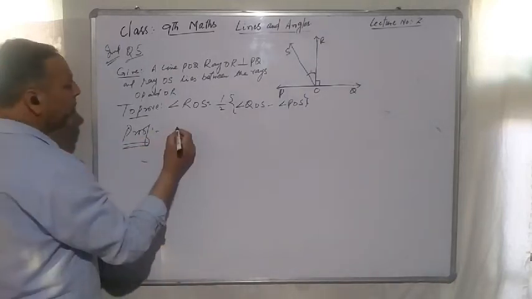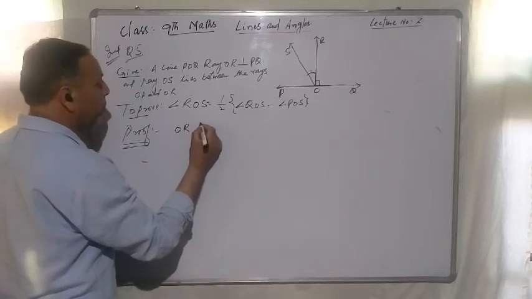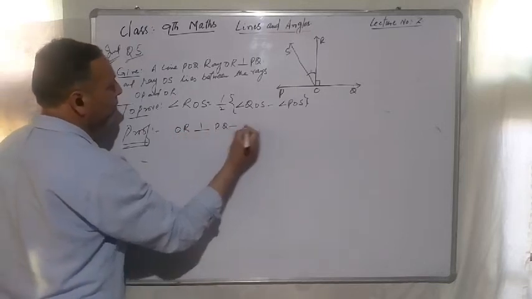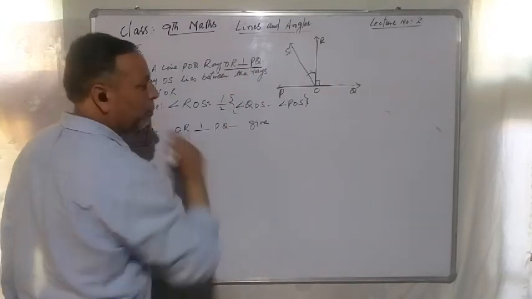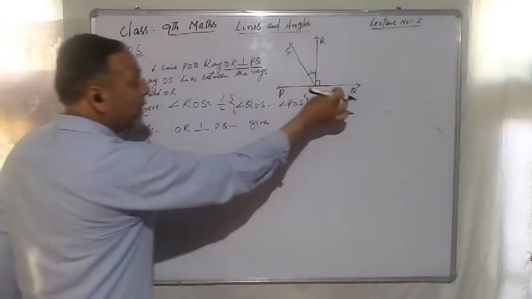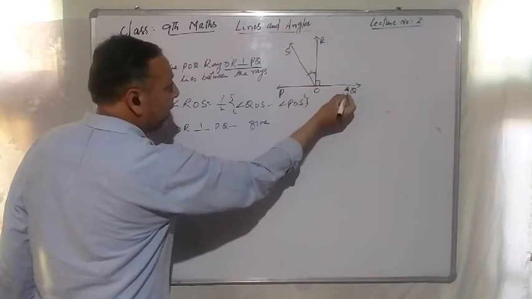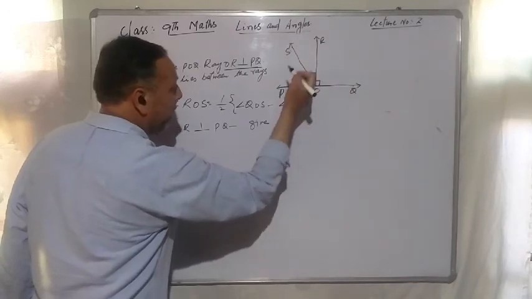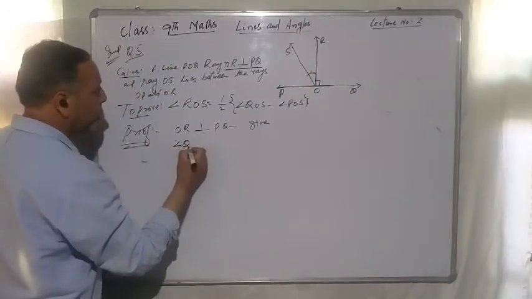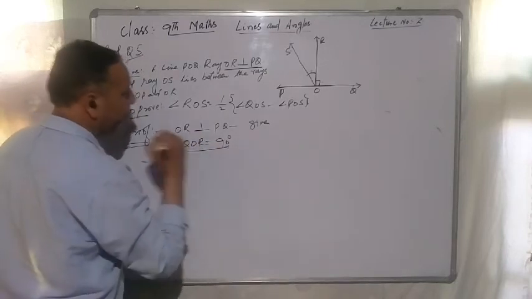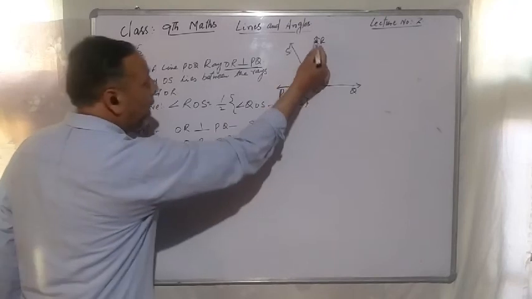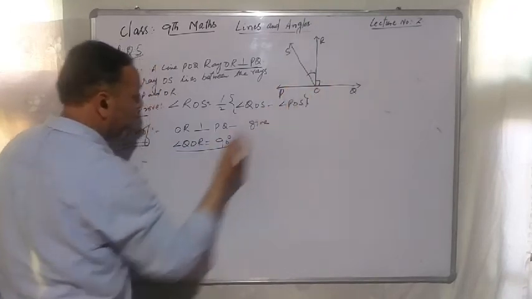So it is given that ray OR is perpendicular on PQ. Given OR is perpendicular on PQ. So that means angle QOR, this angle, is 90 degrees. That means angle QOR is equal to 90 degrees. Also angle ROP or POR will be 90 degrees.